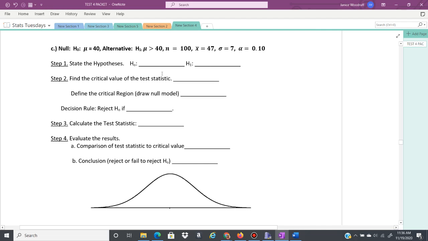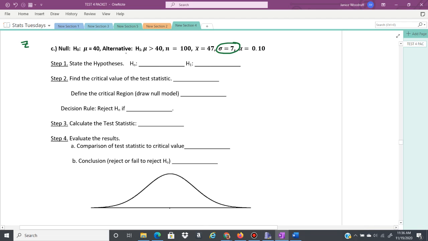So when I'm looking at this example here, I have a null hypothesis of 40, an alternative hypothesis that the mean is greater than 40, sample size of 100, x bar of 47, population standard deviation of 7, which means I'm using a z, and a significance level of 0.10.